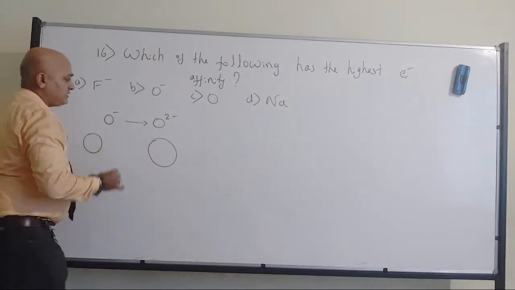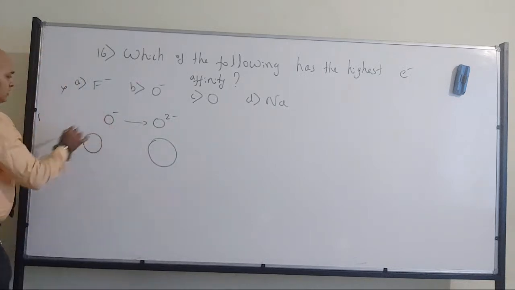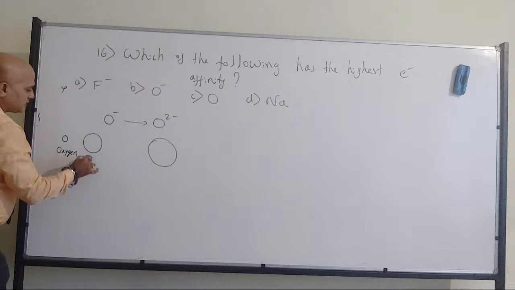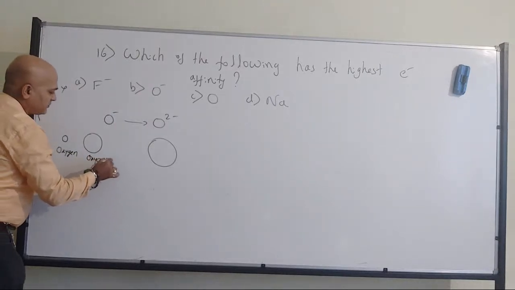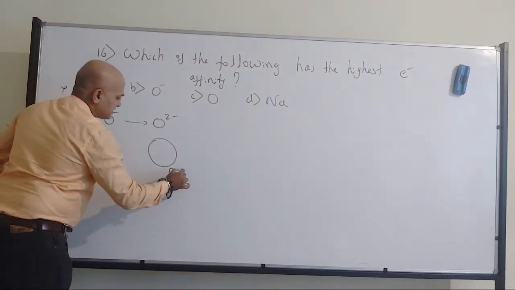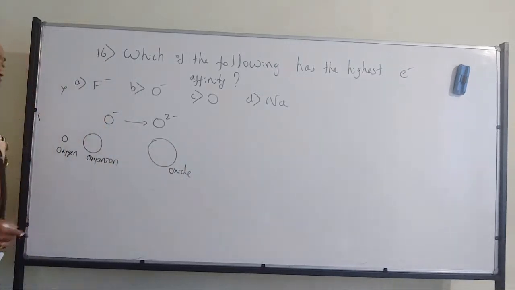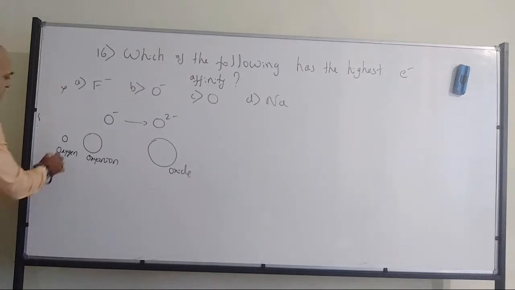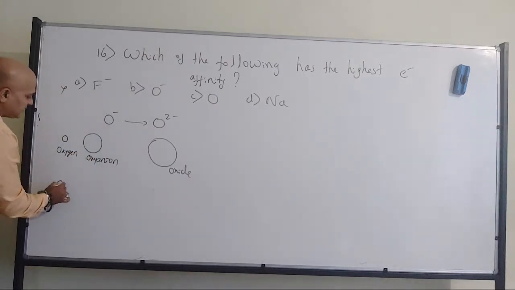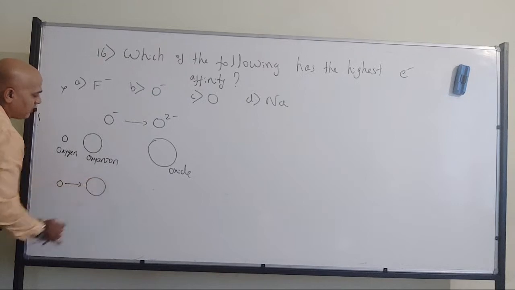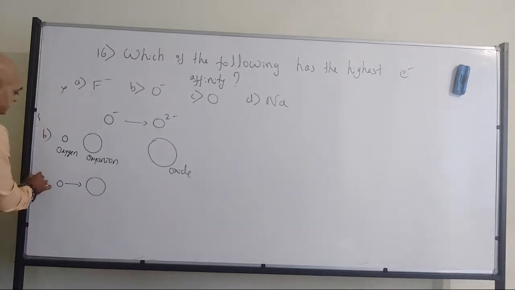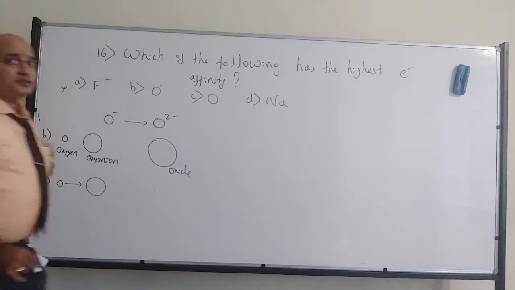Now when I am having oxygen, this is oxygen, this is oxyanion, so this is oxide. So that's where I have the condition. Naturally option C is getting converted into oxyanion. So this is related to option B, and this is related to option C.